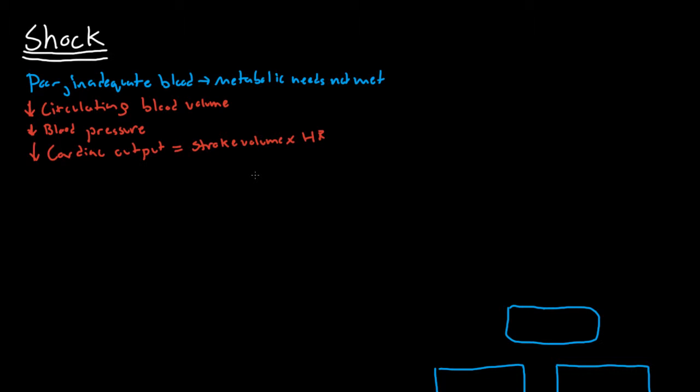So, as I've said, there's a few different ways of classifying shock, and those ways include the causes of shock. So, I'll go straight into the first type of shock, and that's hypovolemic shock.